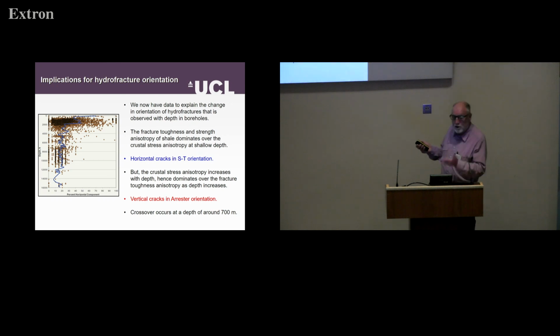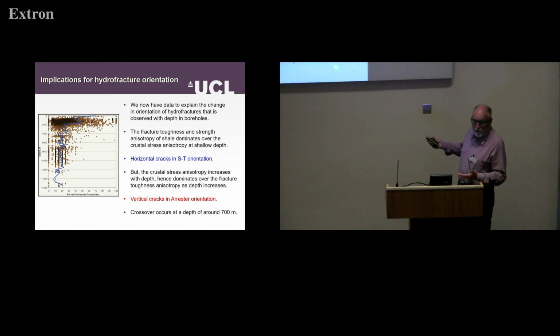So we get horizontal cracks in the short transverse orientation in the very shallow crust, but as we go deeper, because the crustal stress anisotropy increases with depth, the crustal stress anisotropy dominates over the material property strength anisotropy once we get below a certain depth, and then we get vertical cracks in the arrestor orientation, and that crossover seems to occur at a depth of around 700 meters.